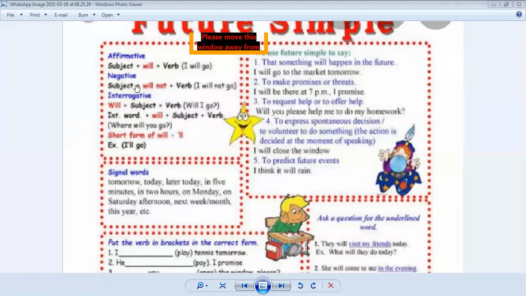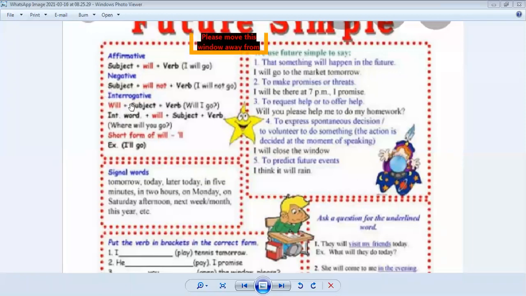Now, if I want to make a question, what do we do? We change the arrangement of the sentence. So, for example, if I take this sentence, I will go to the market tomorrow, I will put will first, then I will put I second.